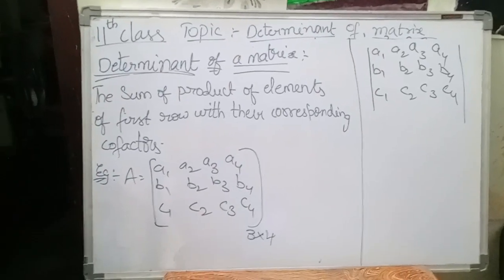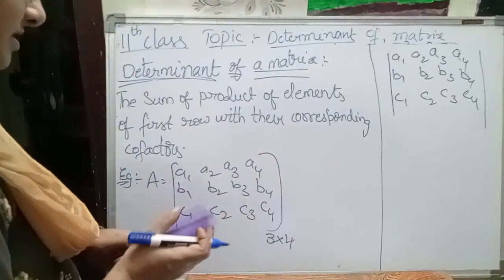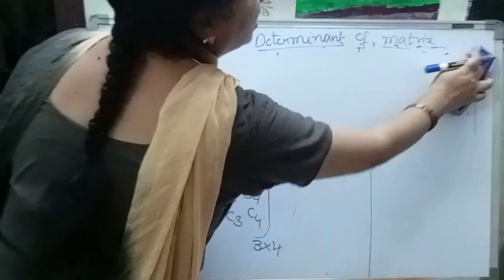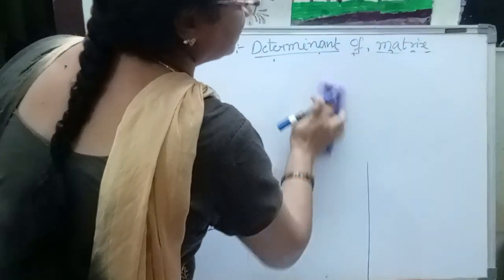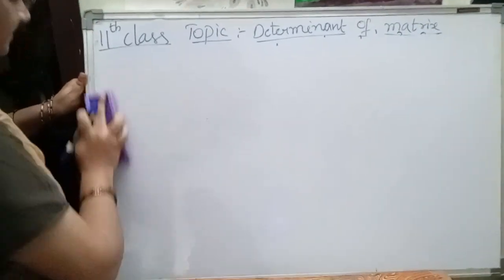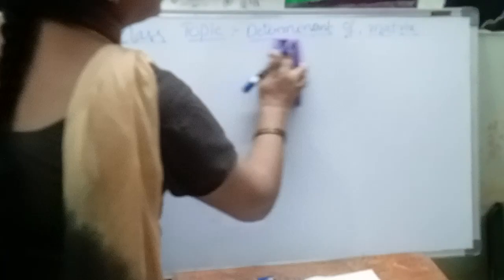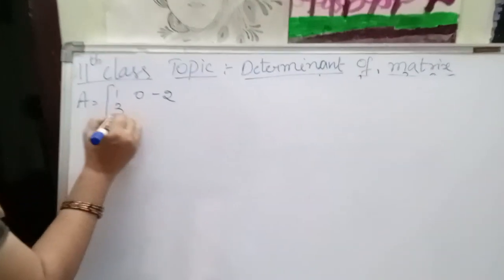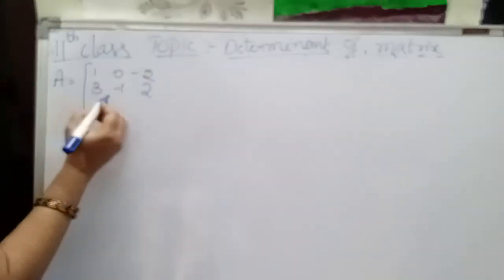Let us take one example with numbers, not alphabets. If we do it with numbers, you can easily understand whatever I said till now. Let us take A equal to 1, 0, minus 2, 3, minus 1, 2, 4, 5 and 6.